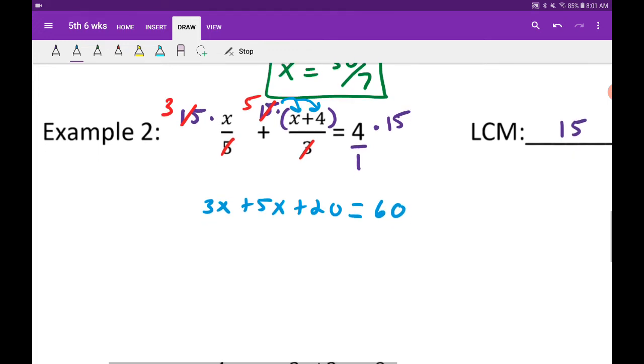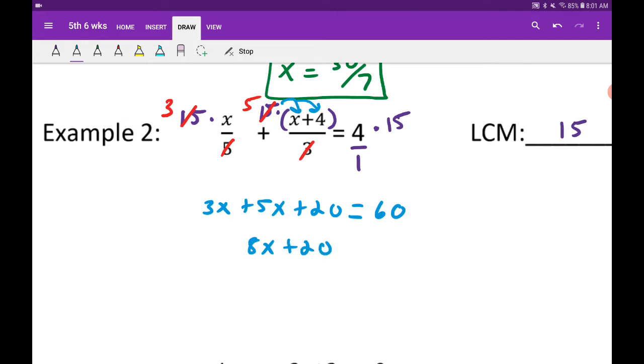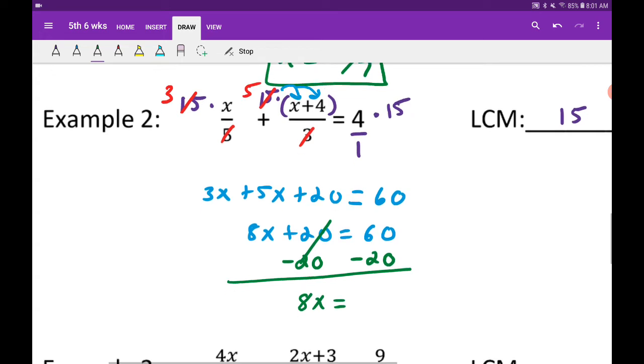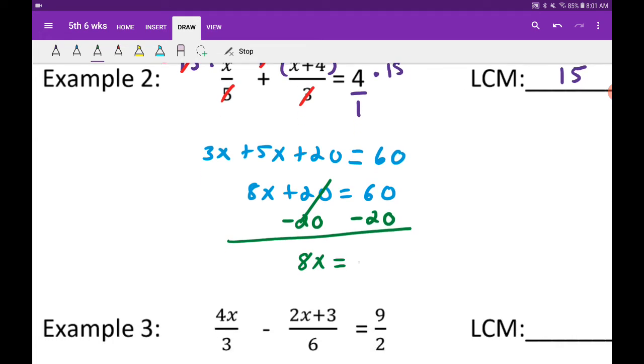Okay, so now we just solve the algebra problem. So let's combine like terms. 3x and 5x make 8x. All right, and then we're going to subtract the 20. Okay, so 60 minus 20 makes 40.